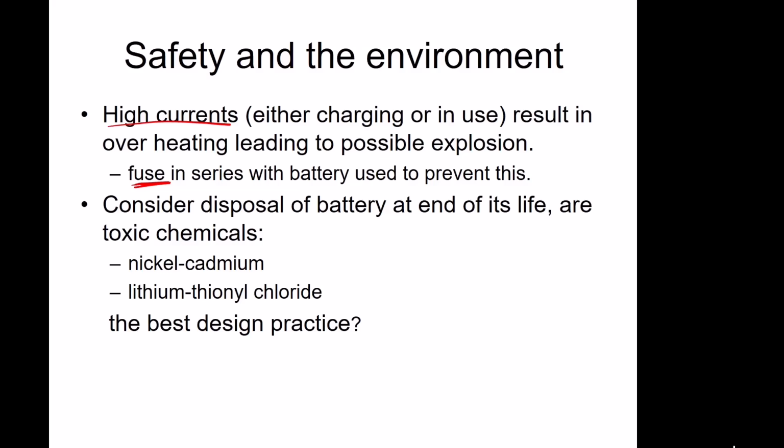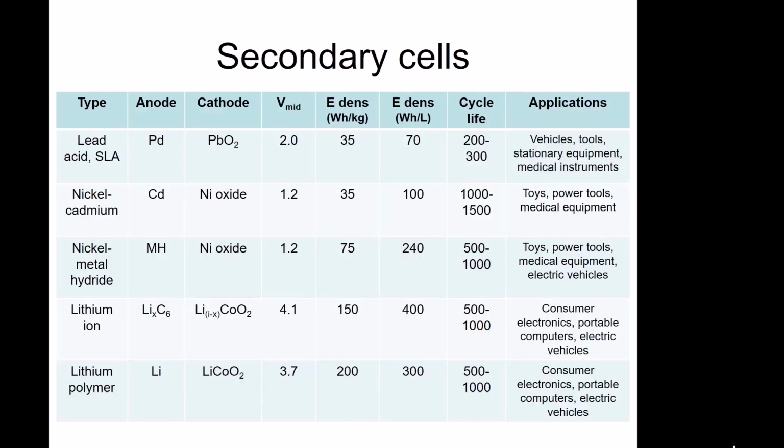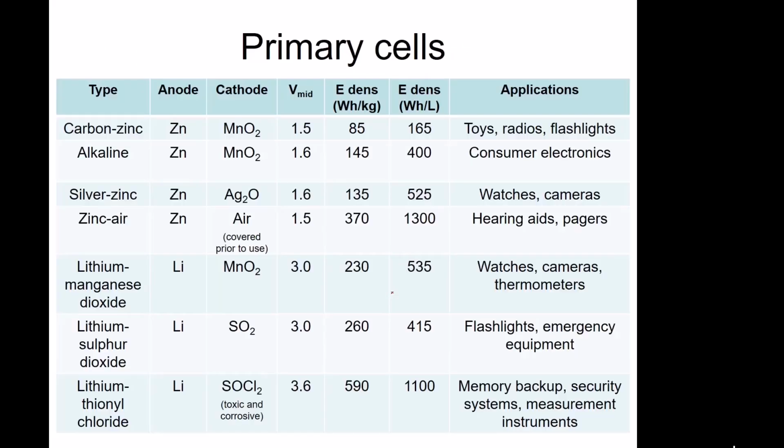In terms of choosing batteries for your application, we did have lots of options to choose from. So we've got these. Some of them have very good high energy density, but there are also issues of being able to source the material, and what do you do when the battery is finished? For example, these are toxic and corrosive.